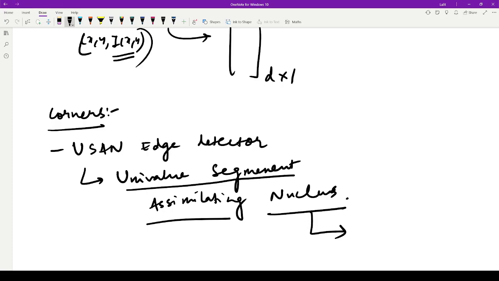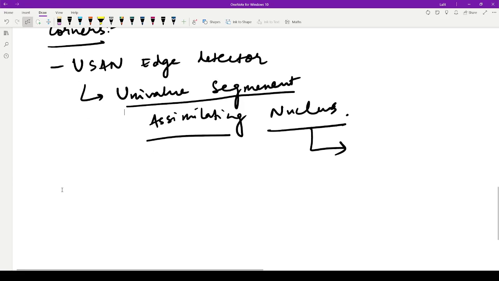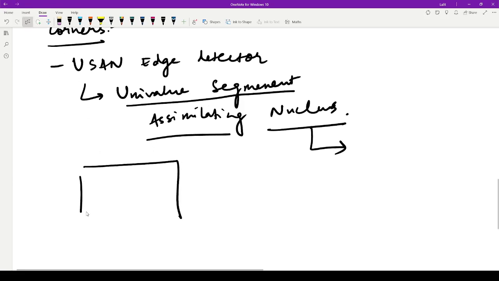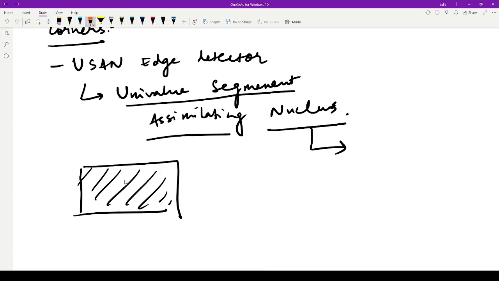So the basic idea is that if you have a region out here and you have a detector at a point, you're checking whether that point is a boundary. Boundary means, is it an edge or is it a corner?